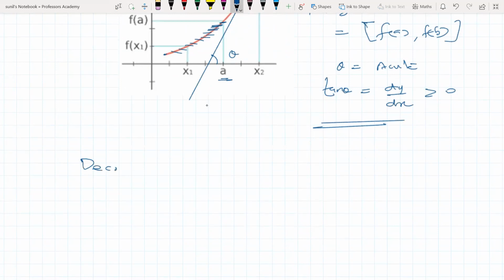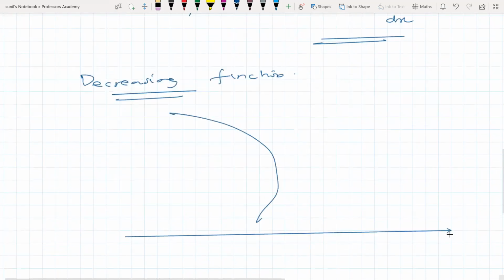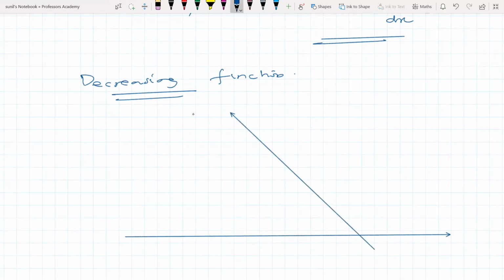Similarly, for decreasing functions, the graph is coming down. Graph is something like this. If you draw a tangent, this is the x-axis, and let me take one tangent for this graph like this. Let me change the graph a little bit. It is something like this.